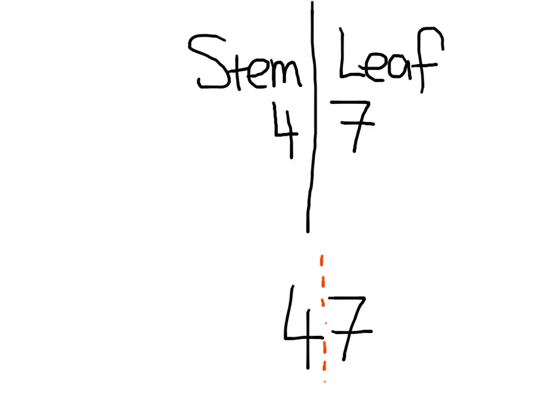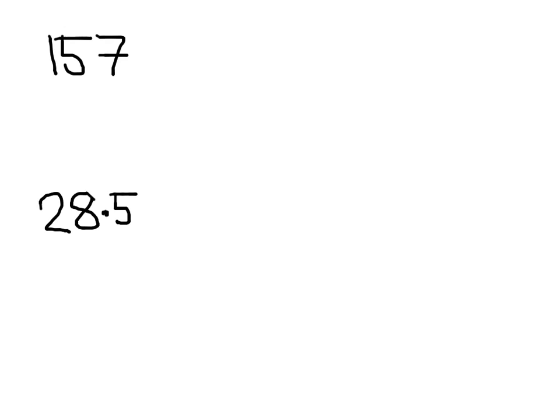So let's see another example. Let's put these two numbers in two separate stem and leaf plots. So we'll do 157 first. So again, like last time, we need to separate that number by chopping off the smallest place value. So we'll chop that one off between the 5 and the 7.